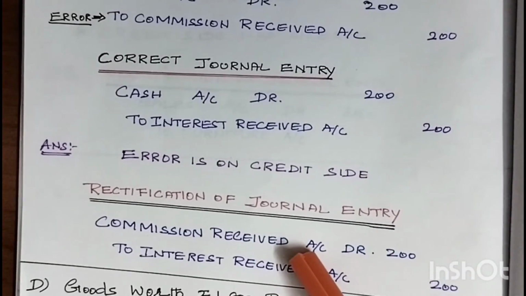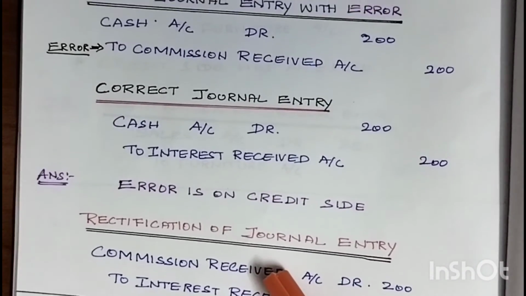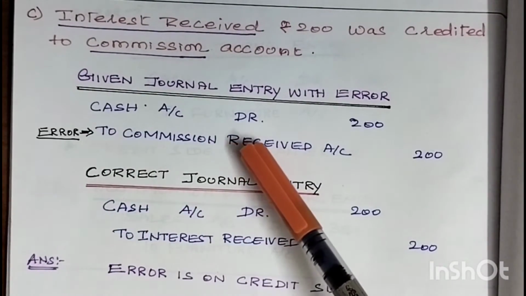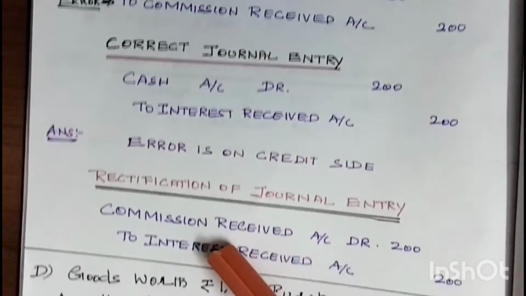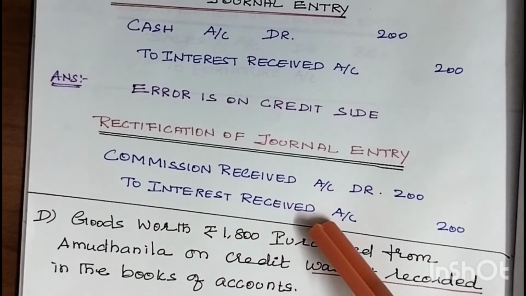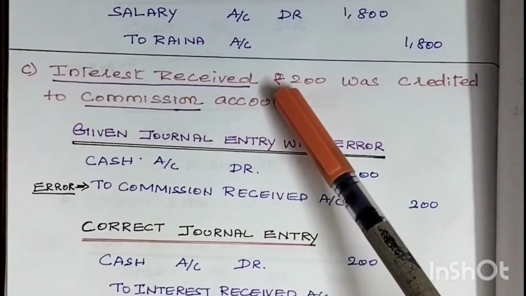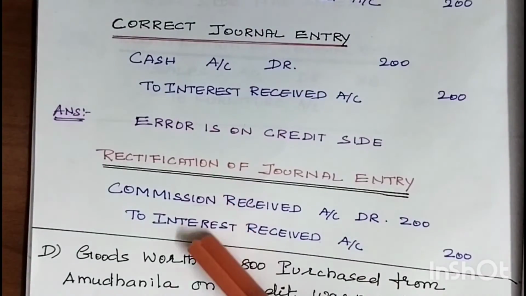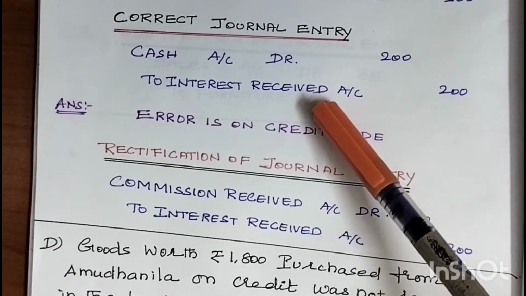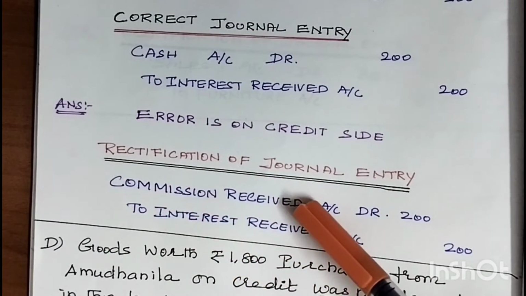You have to enter the error account on the opposite side. If you have the error on the credit side, you have to enter it on the debit side. First you enter the correct entry, interest received account, the correct account, on the credit side. Then you enter the error account.